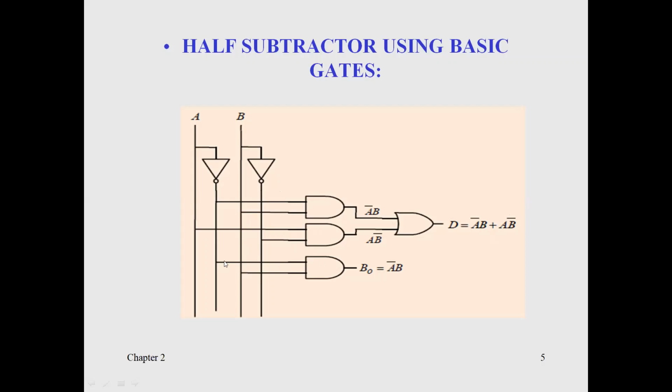And here you will get A bar B, which is the expression for borrow, and if you OR these both, you will get D is equal to A bar B plus A B bar, because it is an OR gate over here. So you can also construct this half subtractor expression using basic logic circuitry or the basic gates.